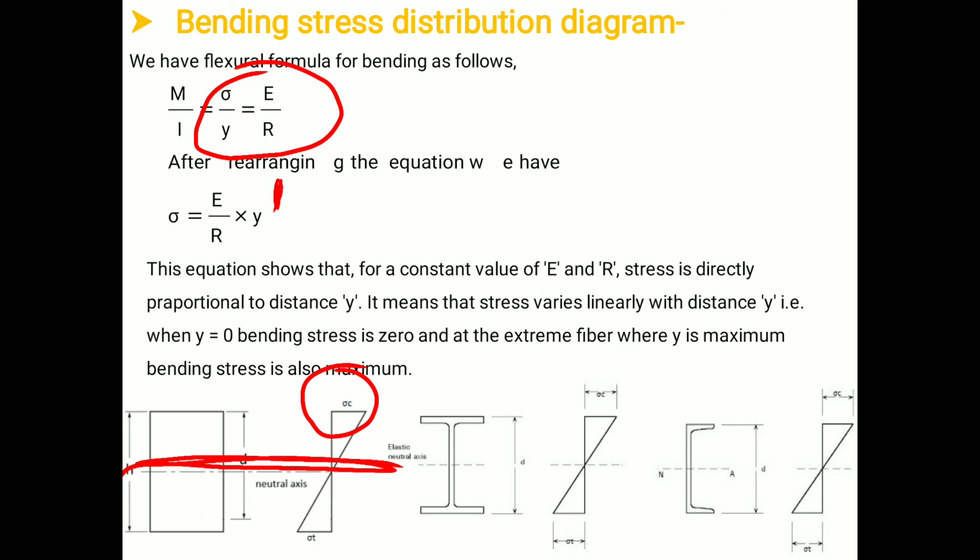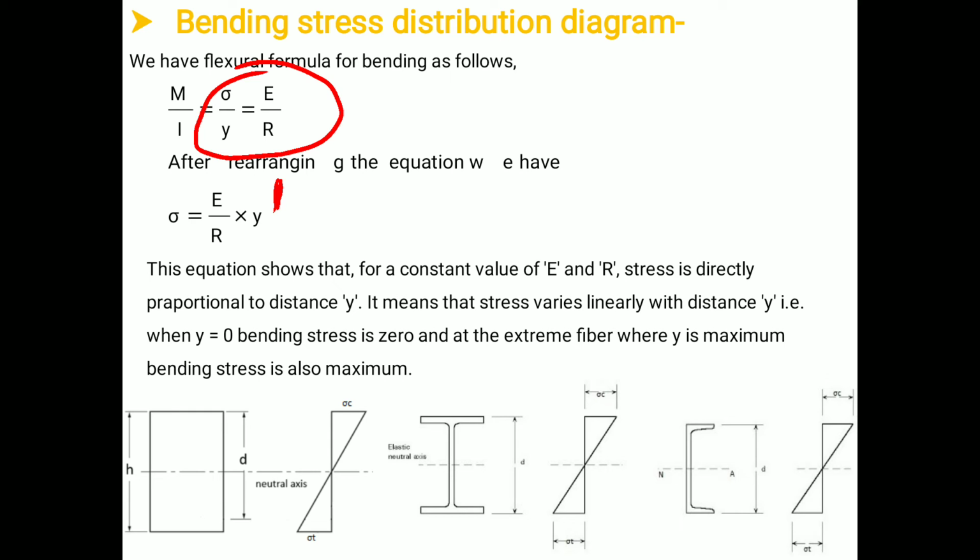In the same manner, for the I section also, we have compression stresses above the neutral axis and tension stresses below the neutral axis, but it is for the simply supported beam only. For the simply supported beam, the layer above the neutral axis is in compression, whereas the layer below the neutral axis is in tension.